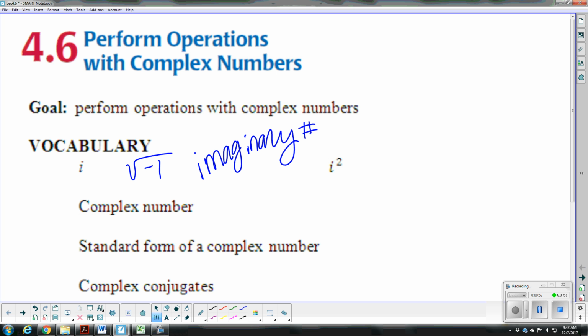So i squared is the square root of -1 squared, which is just -1. A complex number is the sum of a real and an imaginary number.